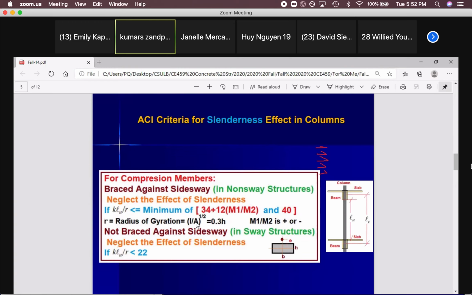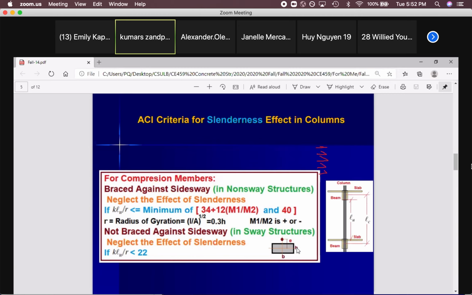That's the real equation, but simplified it is 0.3 times H. If this is your H or this is your H, it depends on the eccentricity. Remember, don't forget to pick the right H. H is not the bigger size, and is not the smaller size. No, H is parallel to eccentricity.